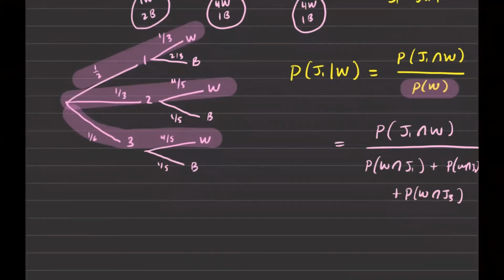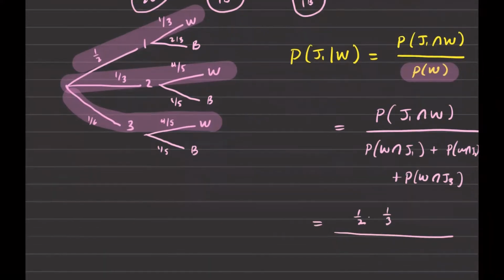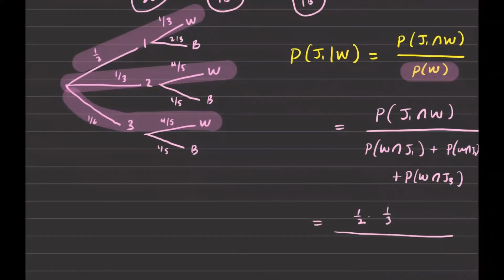So what are these probabilities? The probability it is jar 1 and W, that's the first branch. So that is 1/2 times 1/3 over all of these probabilities. So that's branch 1, branch 3, and branch 5. So this would be the probability of W and jar 1, that's 1/2 times 1/3, plus the probability it is white and jar 2. So that's this one right here.